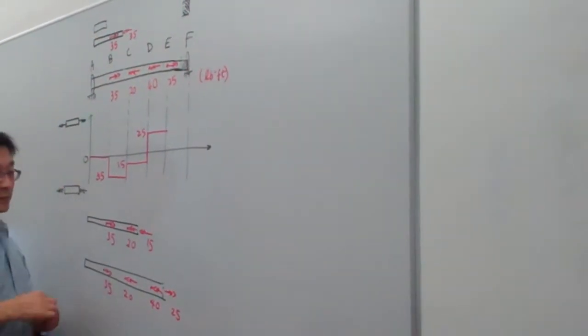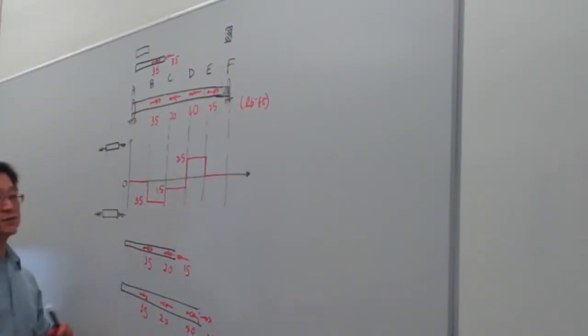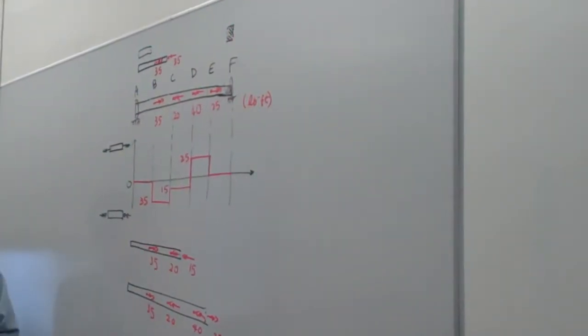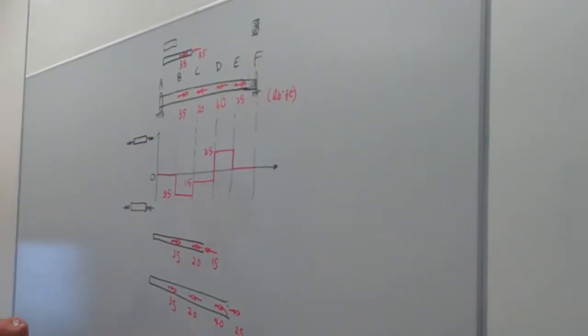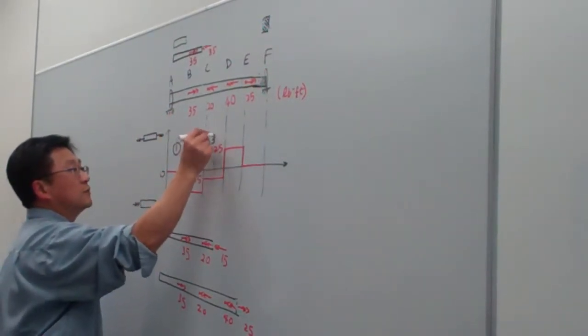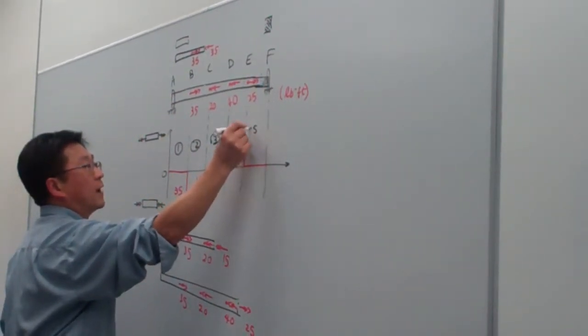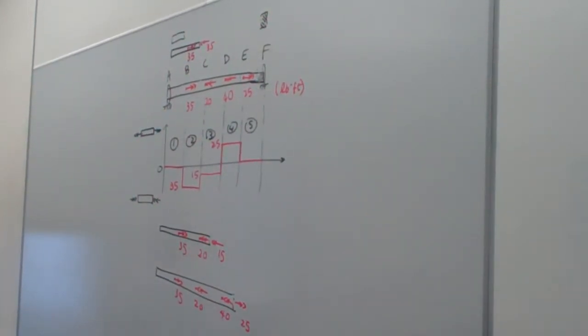So the final portion is 0. Okay. So once we have everything, then we can begin to calculate. For example, let me call these segments 1, 2, 3, 4, 5. And with appropriate geometry and dimensions, we will be able to do some calculations.